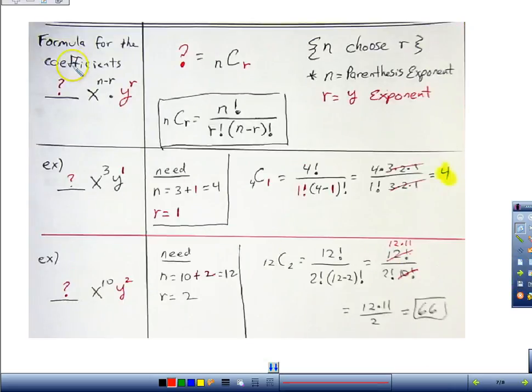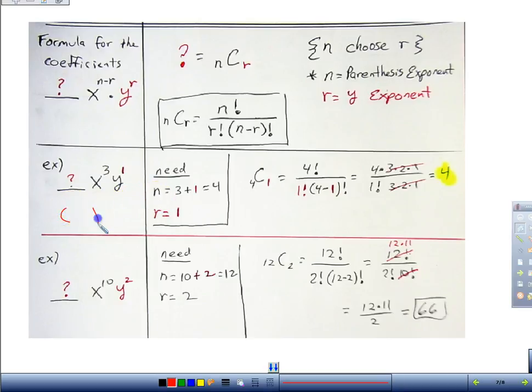Let's say that I want to know the coefficient of the term that has x cubed y to the 1. We will need to know what n is and what r is. n is, as I defined it up here, the parentheses exponent. But we don't have a parentheses here.